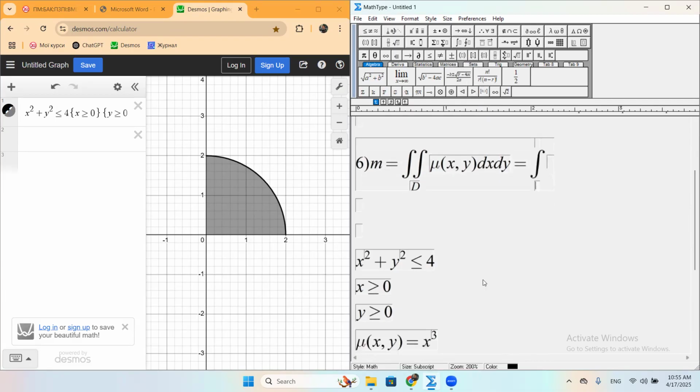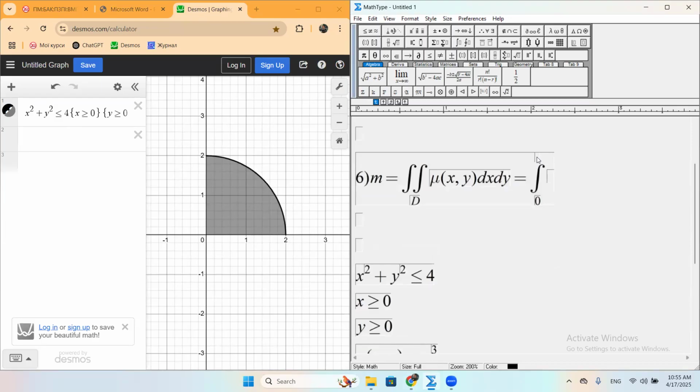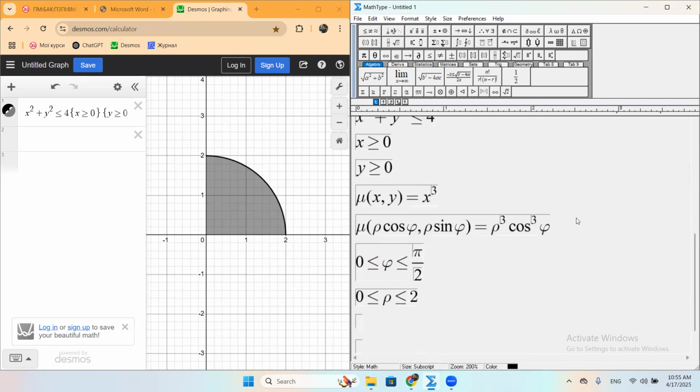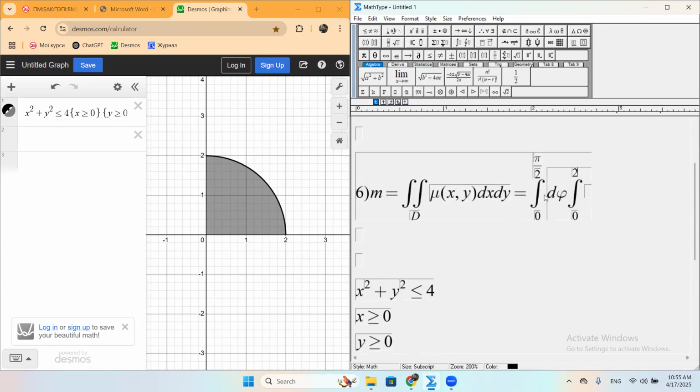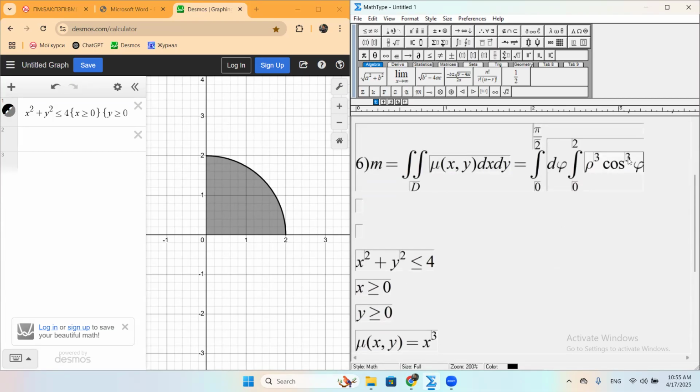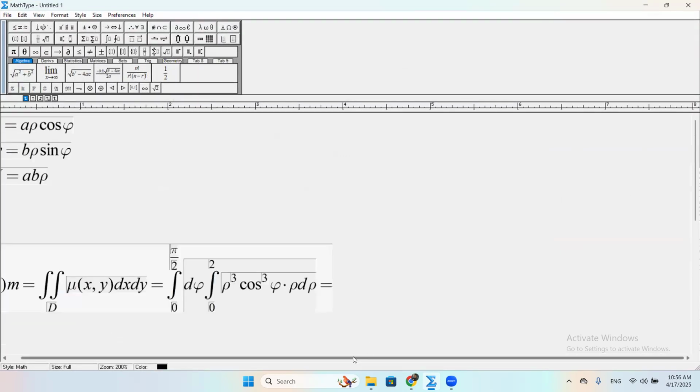In our case, from 0 to pi over 2 d phi, and from 0 to 2 we integrate rho cubed cosine cubed of phi, and also don't forget to multiply it by the Jacobian. So we have the following integral.